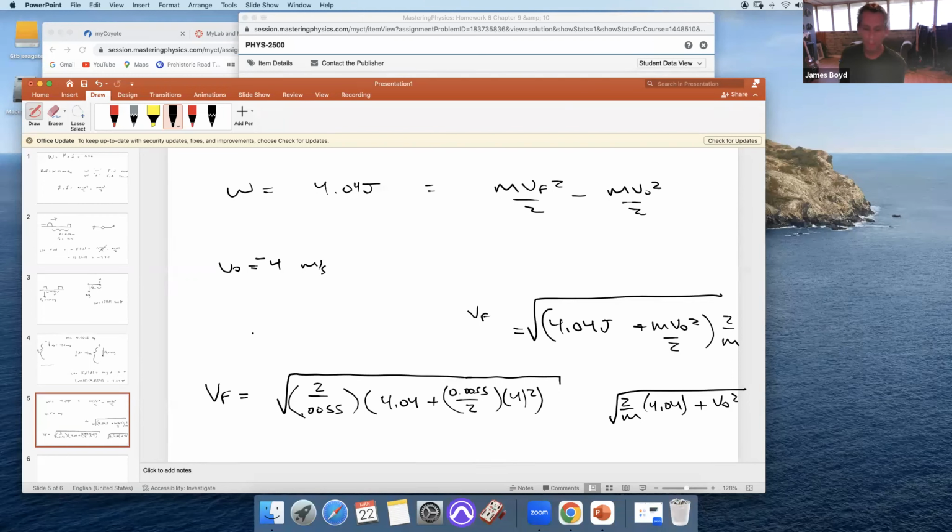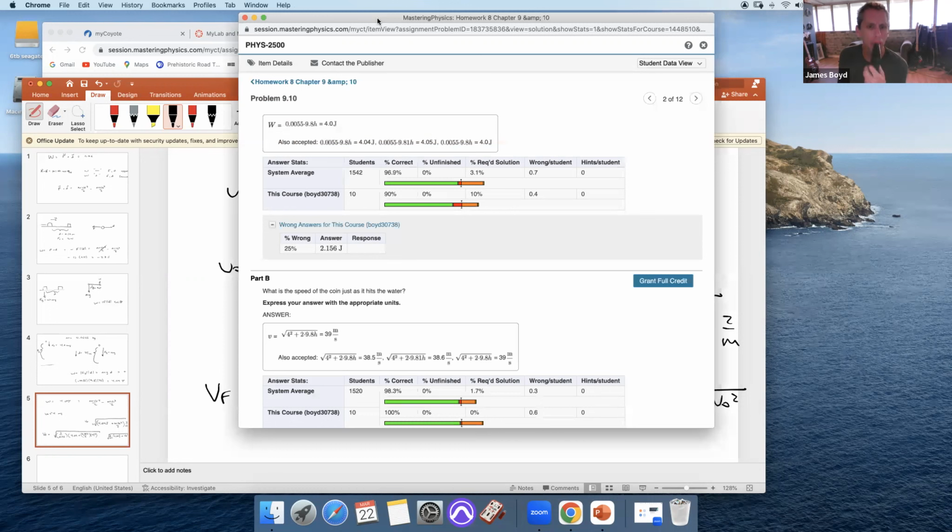All right. So 8.08 divided by 0.055 plus 16 is y. I'm doing something odd with my calculator. Oh, I see. I see what they forgot. They forgot the square root, right there.